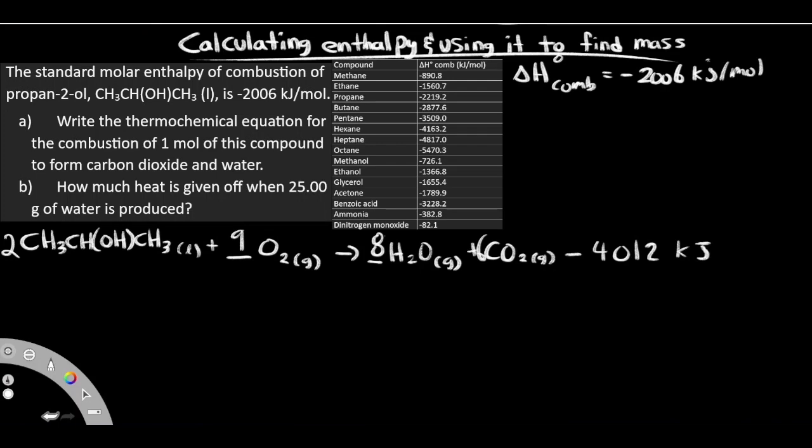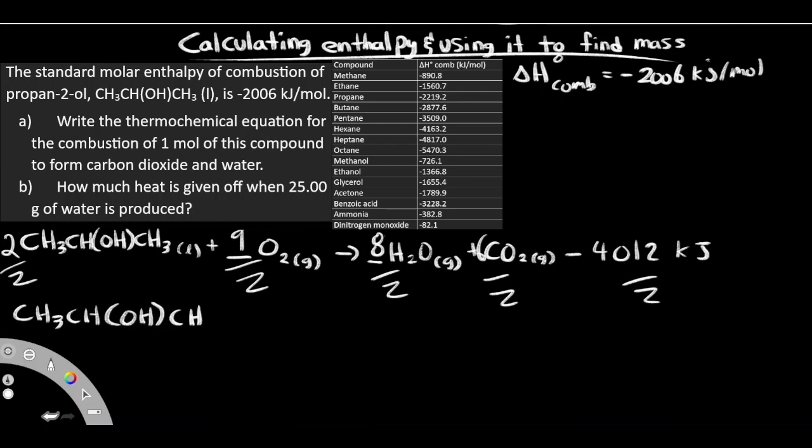Now, we could also divide this by 2, divide this by 2, divide this by 2, divide this by 2, divide this by 2, so that we're only looking at just 1 mole of this CH3CHOHCH3, 9 over 2 O2, 4 H2O, 3 CO2, and like our same value over here.